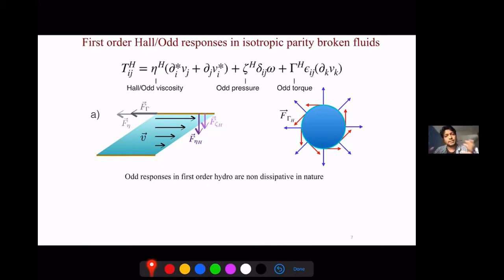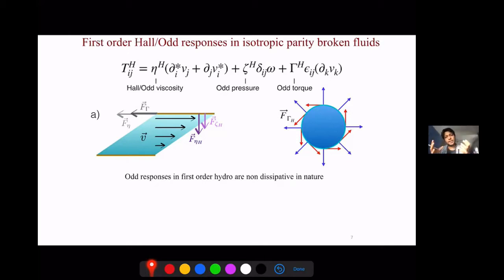Since there is no work associated with this shearing motion, because all the responses to my fluid deformations are perpendicular to the deformations themselves, there is an intuition that at least the first two coefficients are non-dissipative in nature. And also the third one, which is called odd torque.